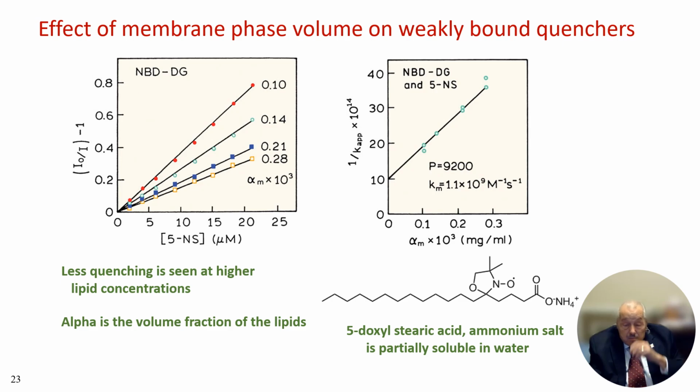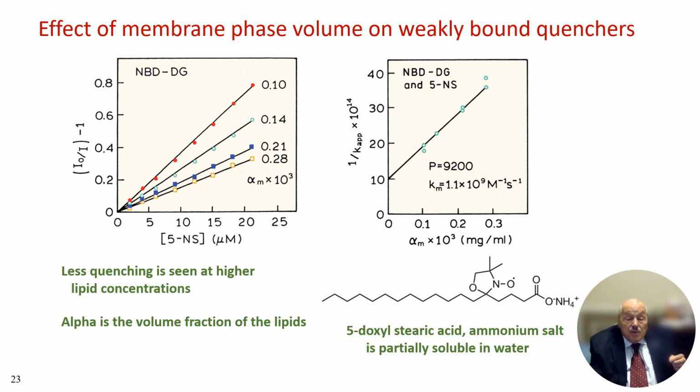There's one important thing about doing any experiments when you're doing quenching in membranes, and that is: is the added quencher completely bound to the phospholipid? And that's not always the case. The example I have here is for doxyl stearic acid, which is partially soluble in water.